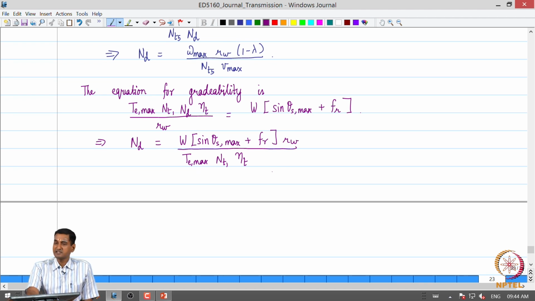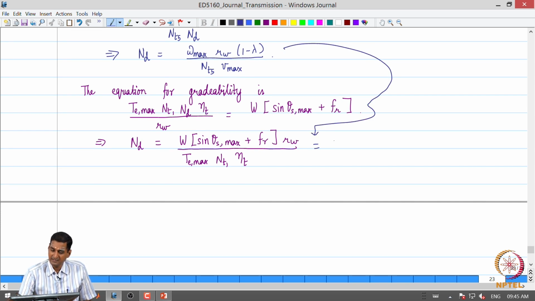Now, I am sure all of us can figure out where we are headed, right. We have two equations for ND, so we just use them. So, we just equate these two equations. I am just directly writing the final one.